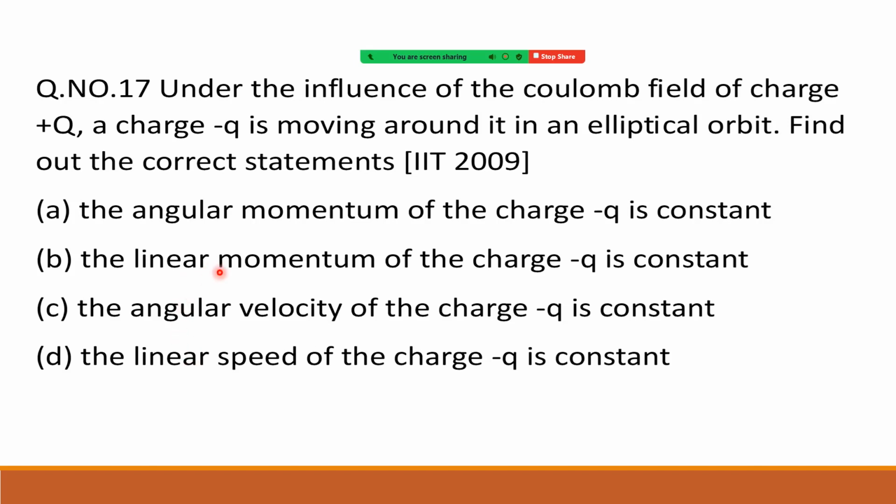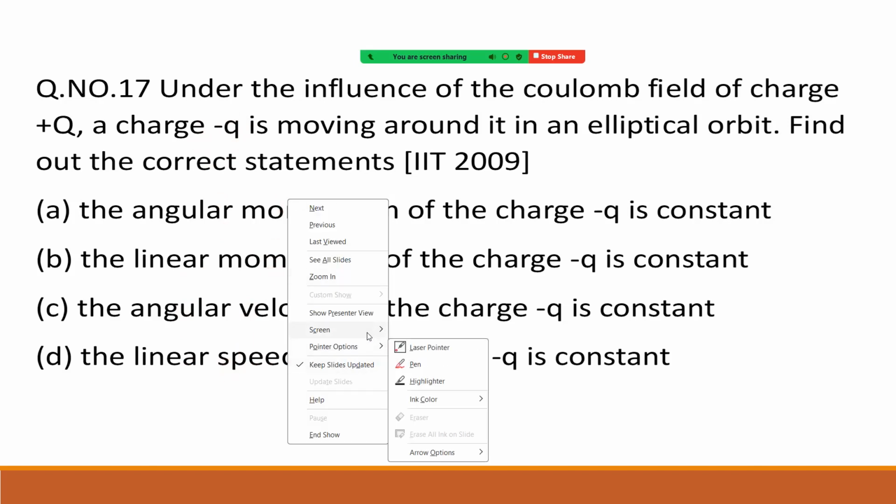Next. Here the mass of this charge is a constant. Momentum changing means linear speed is changing, because it is given an elliptical orbit. So speed is now changing. See how we are writing the equation for this.